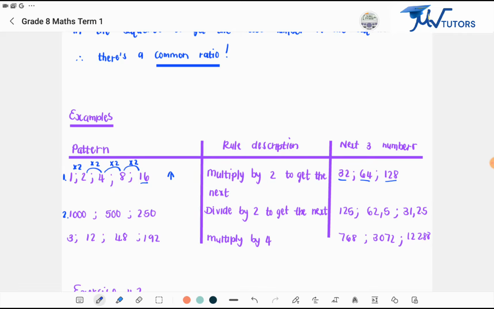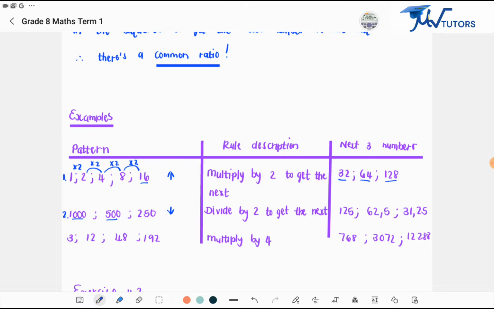Now the second pattern, we have 1,000, then we go to 500, and then we go to 250. So here, our pattern is basically going down. It's decreasing. Our sequence is decreasing. All right. And now you can see here from 1,000 to 500, we divided by 2.